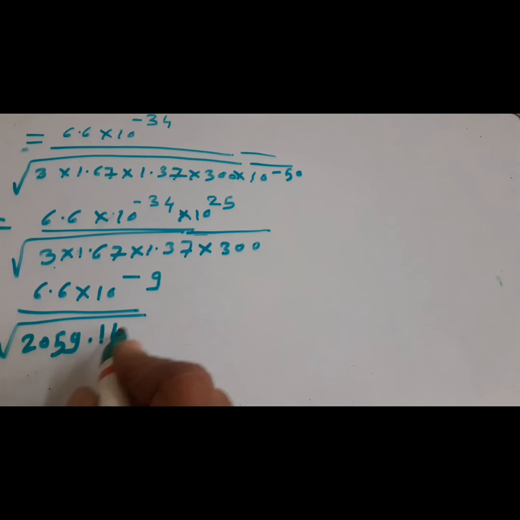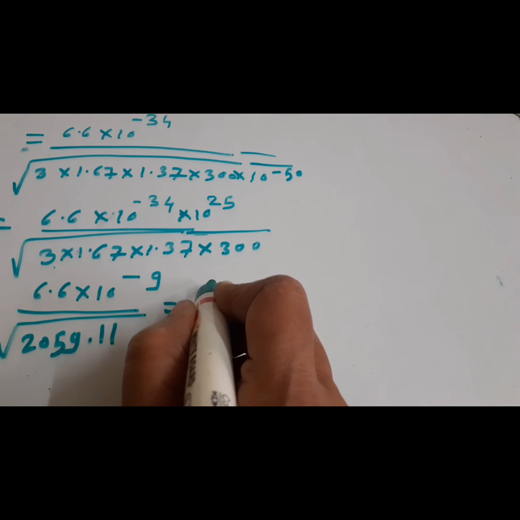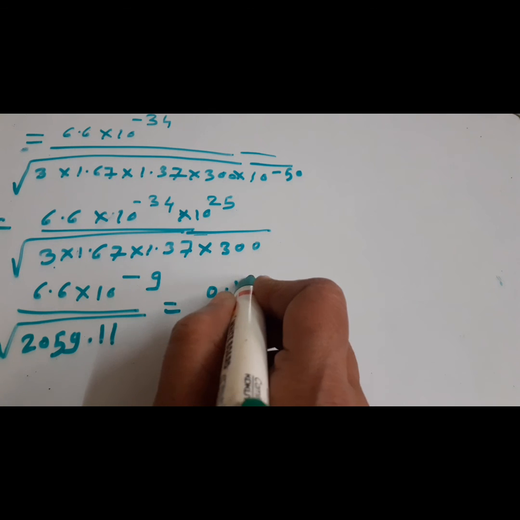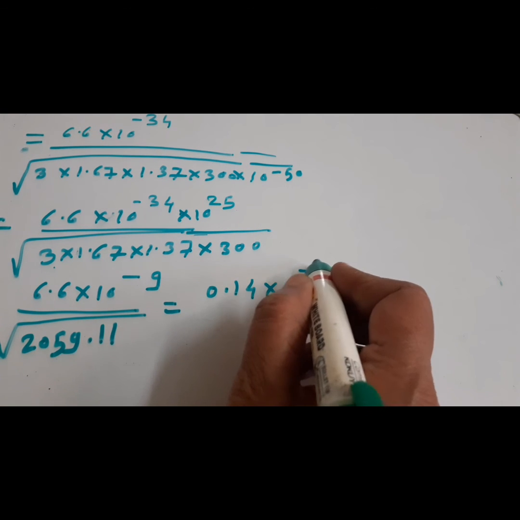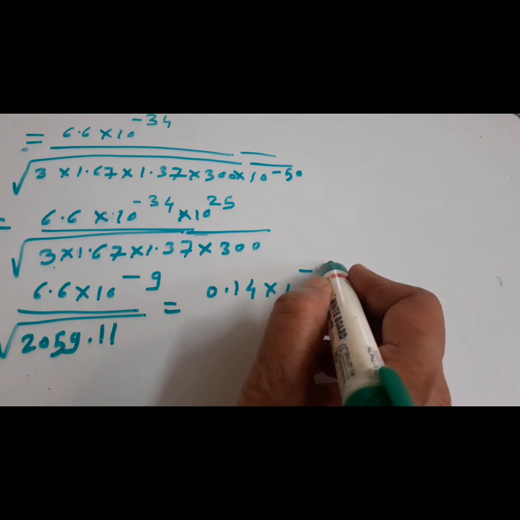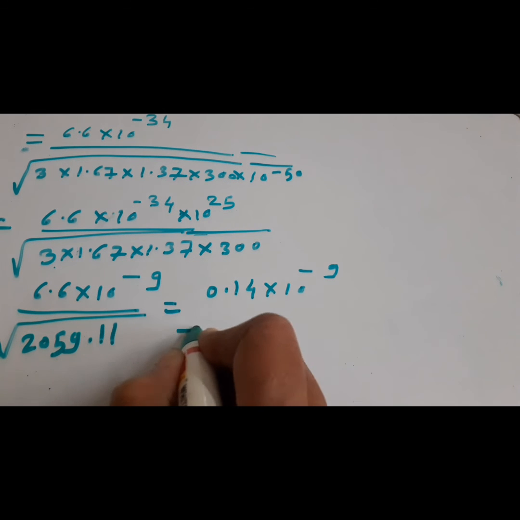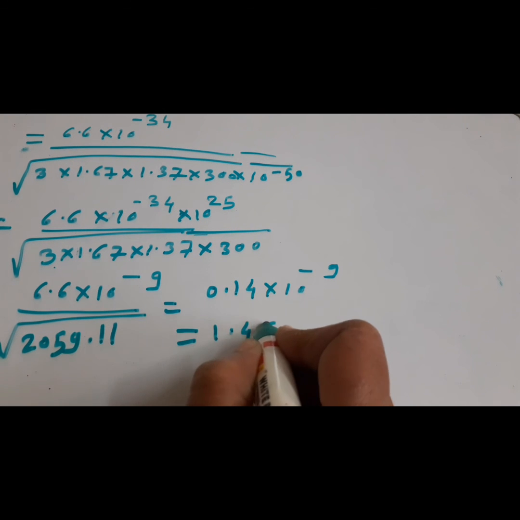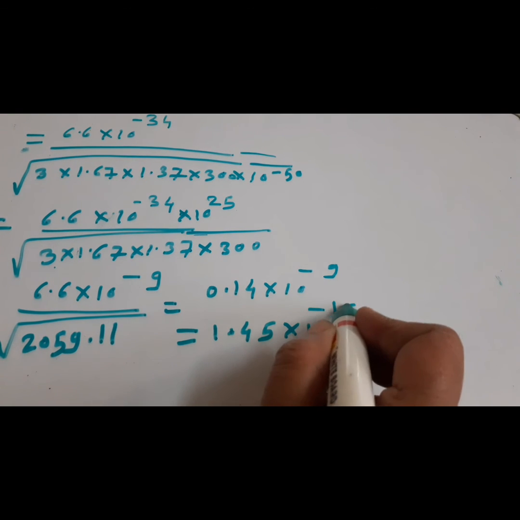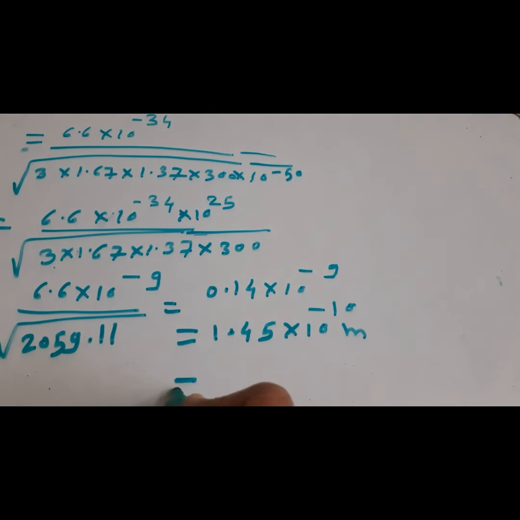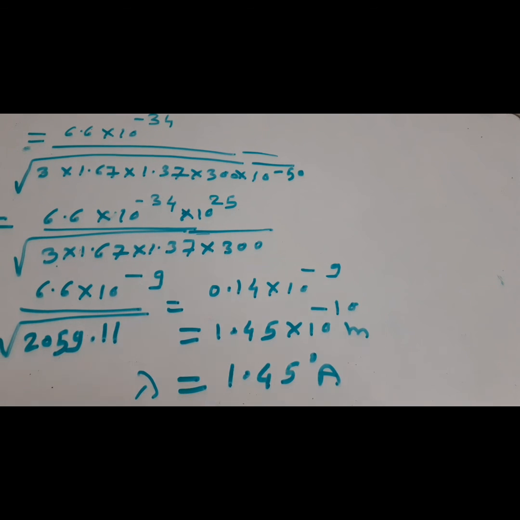That is equal to 0.14 into 10 to the power minus 9, or that is equal to 1.45 into 10 to the power minus 10 meter, that is equal to 1.45 angstrom unit. Means lambda is equal to 1.45 angstrom unit.